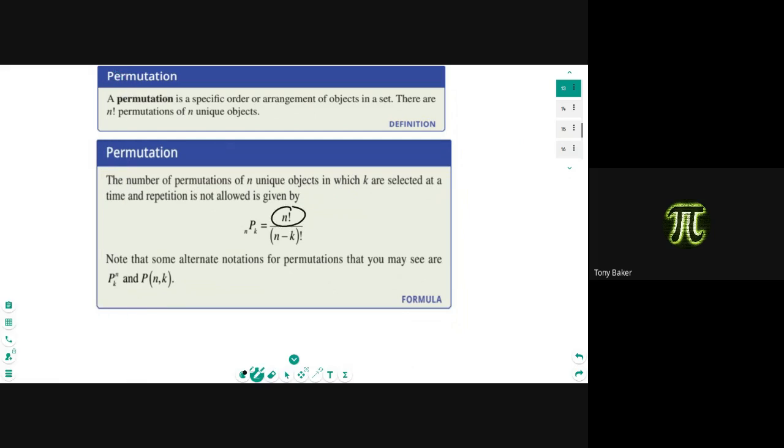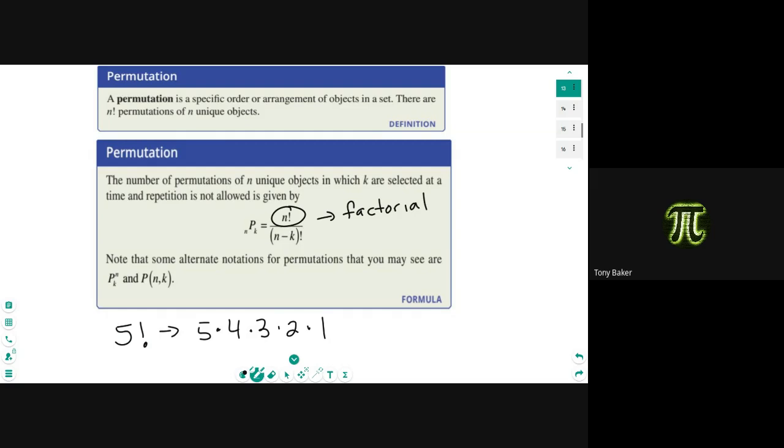So this symbol right here is known as a factorial. That little exclamation point means a factorial. So 5 factorial means 5 times 4 times 3 times 2 times 1. All a factorial does is take that number and multiply it by all the numbers all the way down to the final number.